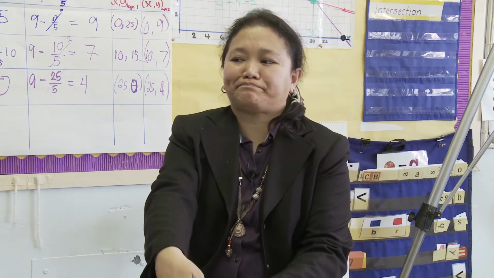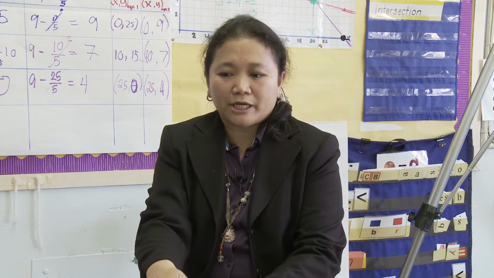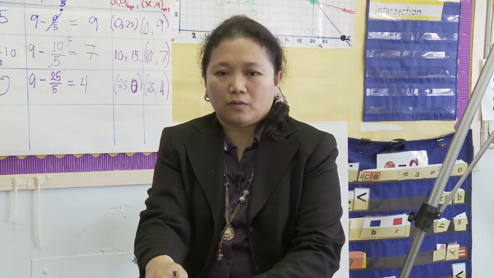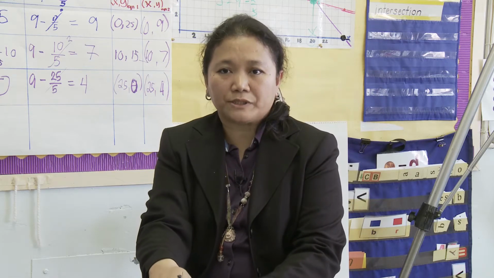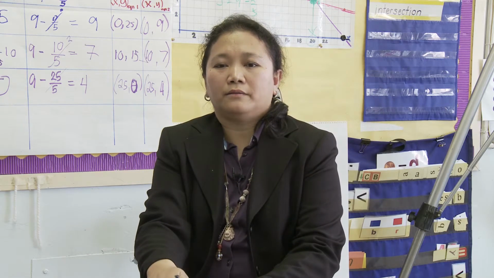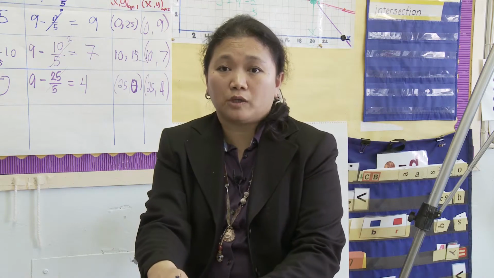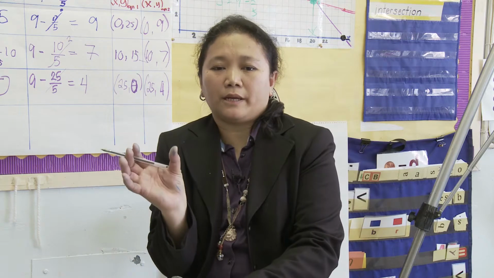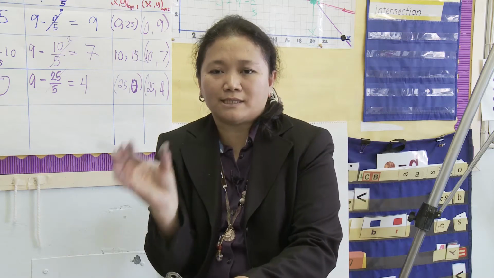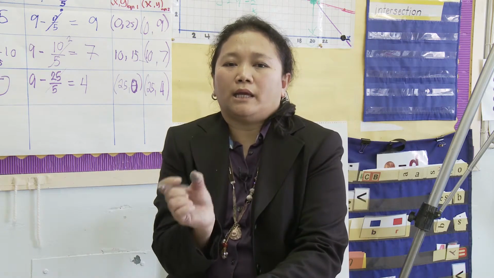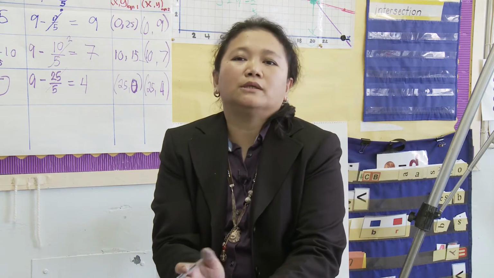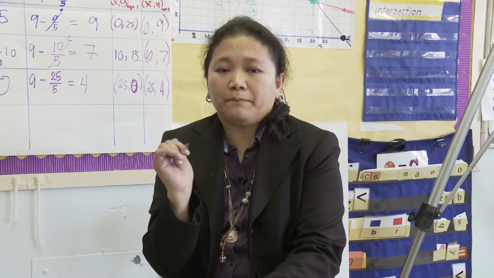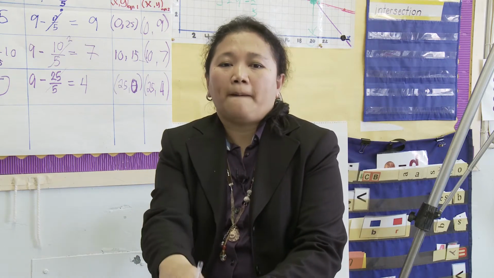Differentiation. The way I differentiated my lesson is with the samples that I gave them first. I gave two samples, one which is easily understood by the C group, and I also gave an equation for the B group during the explanation.